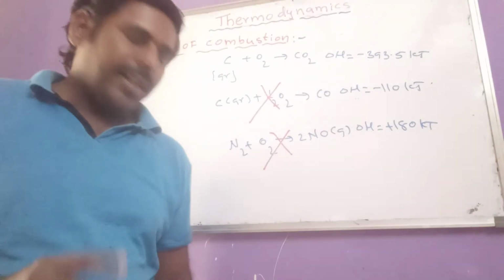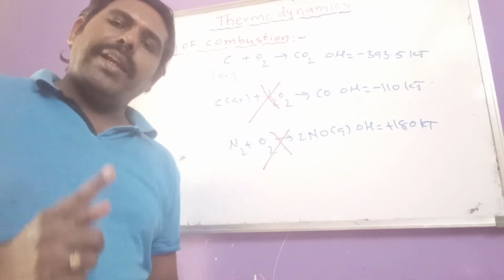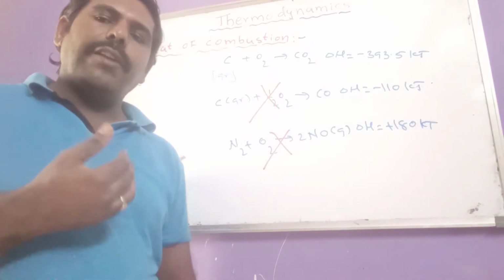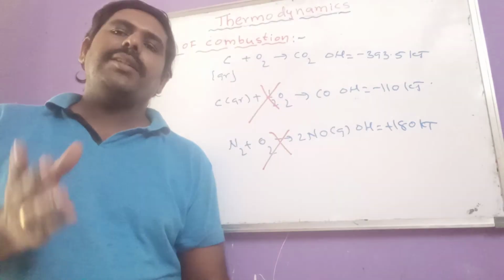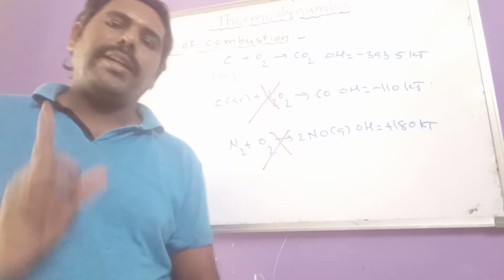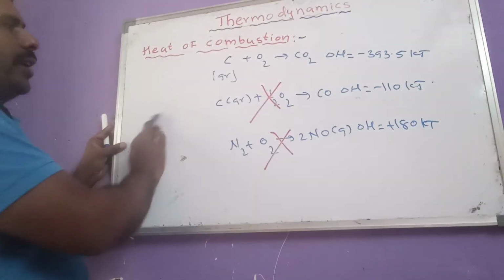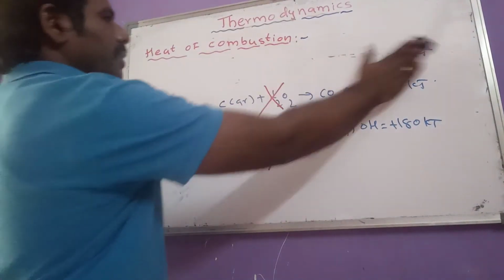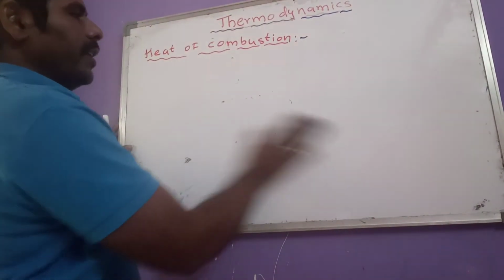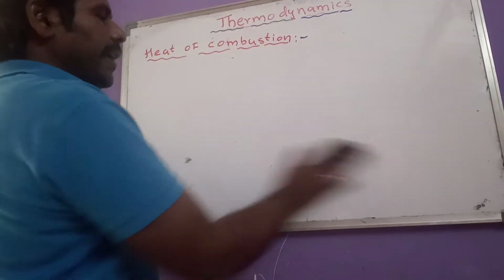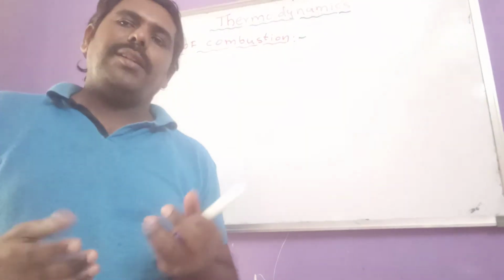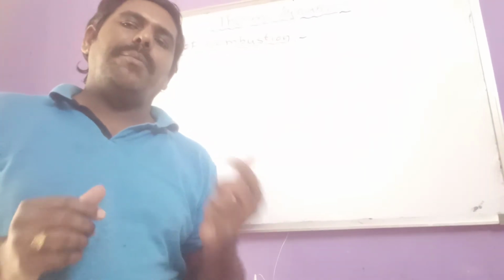So, these terms we have to remember. The compound should undergo complete combustion. Another one, delta H is always negative, meaning heat energy liberation takes place in any combustion reaction. So again I repeat the definition. The heat energy liberated when 1 mole of a substance is completely burnt in excess amount of air or oxygen is known as heat of combustion.